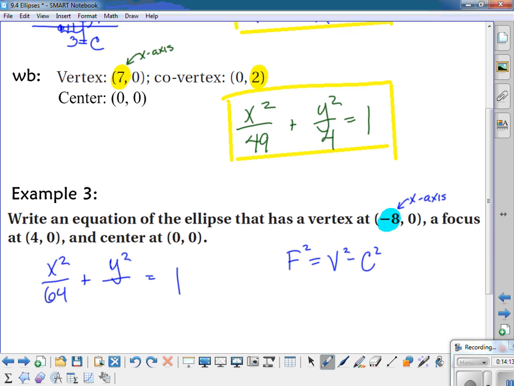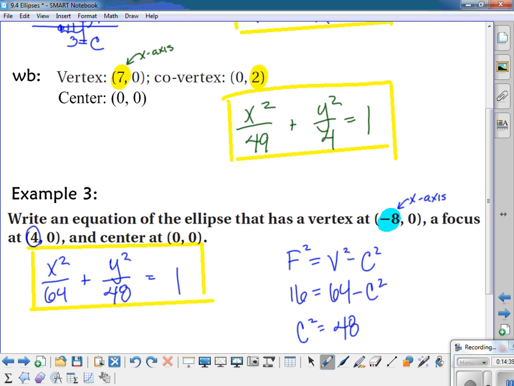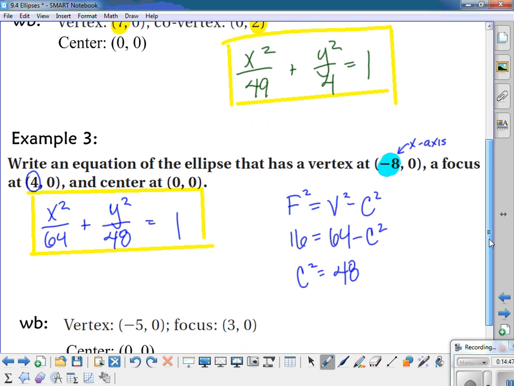So f we get from over here is 4, so 4 squared is 16, and then 8 squared is 64, and so I subtract 16 and I get that c squared is equal to 48, and so that's what goes under my y squared. Okay. Questions on what I did there? All right, here's one for you guys.